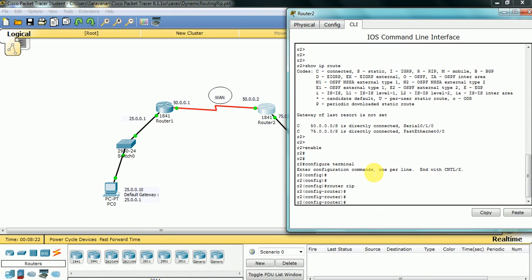Now we have to tell about this network, 25 network and 50 network. These particular 25 network and 50 network will be advertised by this router. Same like that, the 75 network and 50 network will be advertised to this router, so that one can learn about the other router's IP address.